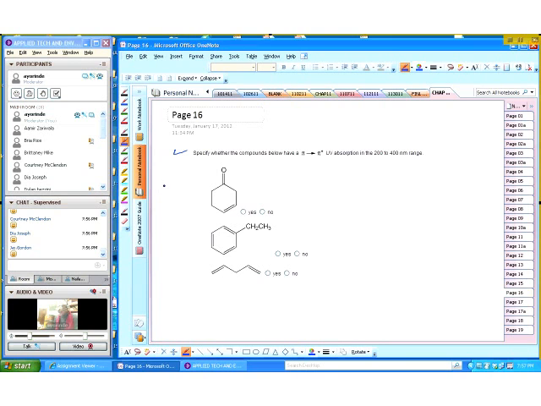Okay, very good. So what they want us to do here is to specify whether any one of these molecules will have a pi to pi star UV absorption in the 200 to 400 nanometer range.